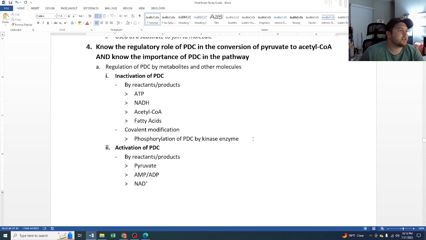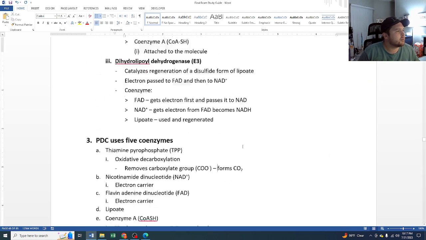Know the regulatory role of PDC in the conversion of pyruvate to acetyl-CoA and know the importance of PDC in the pathway. First and foremost, without PDC, we don't get the Krebs cycle.